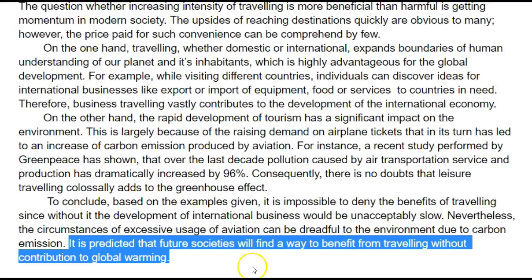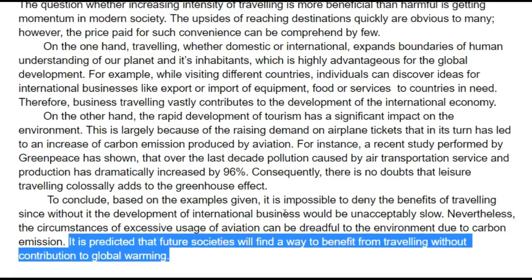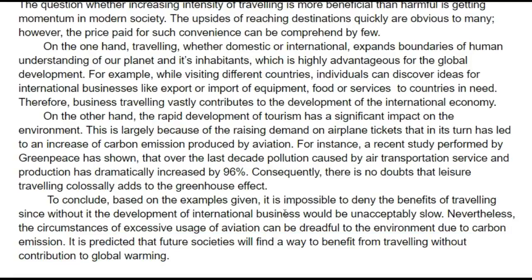So I would expect then to be told who has predicted it and what ways. So this would need expanding. This would be a body paragraph on its own. The conclusion should just be to summarize the examples and to show where your opinion falls.